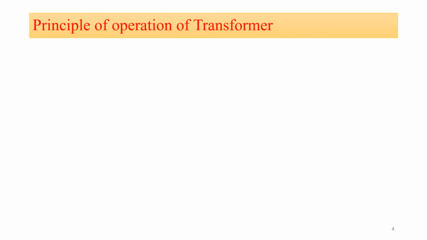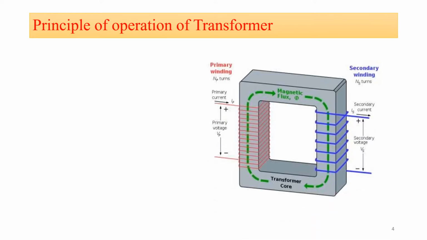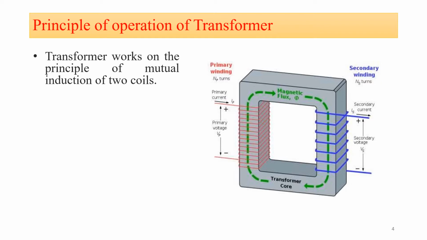Now let's see the principle of operation of the transformer. This picture shows the normal type of transformer which has a total of two windings, that is primary winding and secondary winding. The conventional transformer works on the principle of mutual induction of two coils.